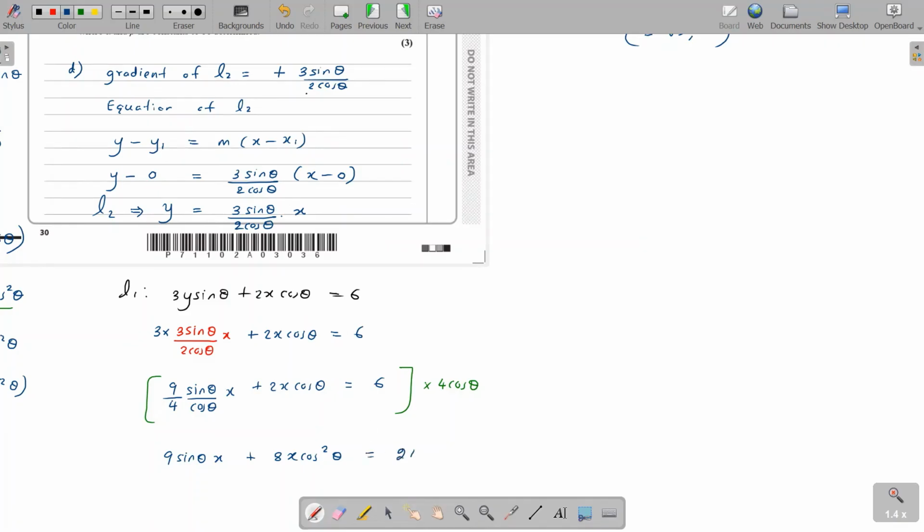Plus 24 cos theta. Okay. Yeah, this is 9 over 2, right? Not 9 over 4. Yeah, sorry. Should be 9 over 2. If it's 9 over 2, I have to multiply with 2 cos theta. This is 9 over 2, not 9 over 4. 9 over 2 sine over cos. So we'll multiply everything with 2 cos theta. When you multiply with 2 cos theta, 9 sine theta.